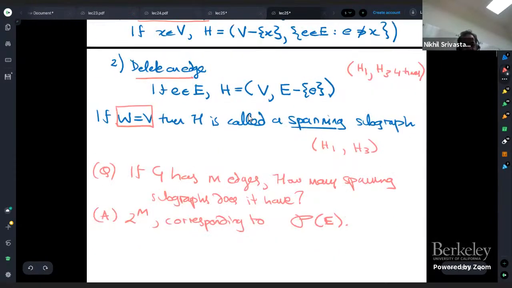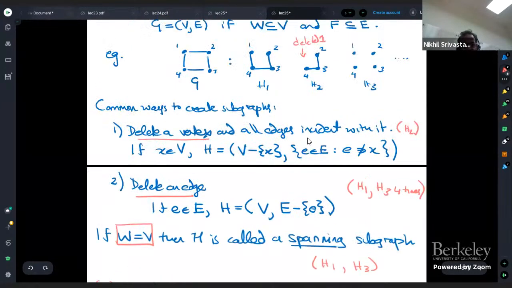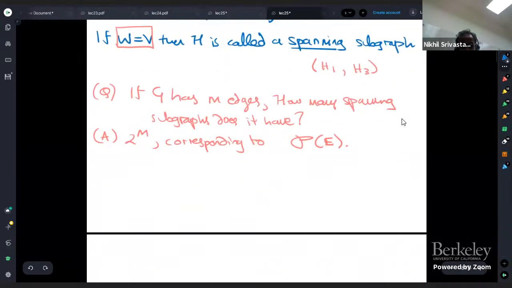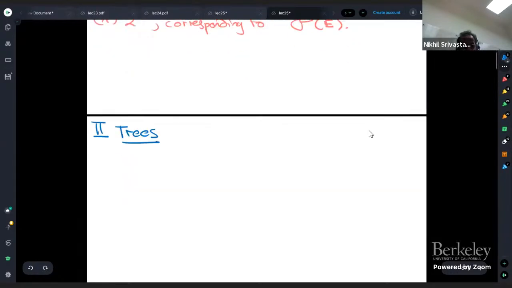Okay, good. So let's now use this to do something interesting. Let's talk about trees. Trees are one of my favorite classes of graphs. Okay, so what's the definition of a tree? We need one definition.